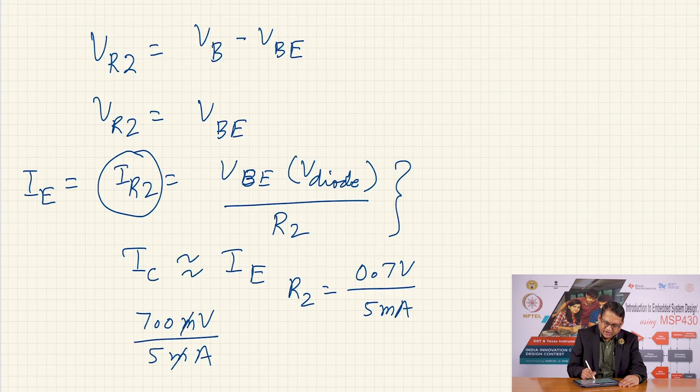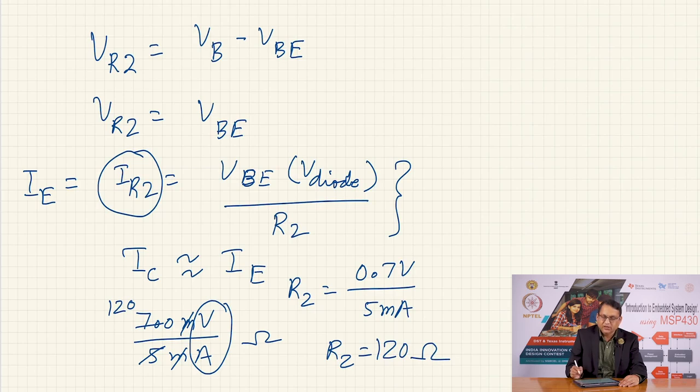The volts divided by amperes leads to ohms, and this is roughly 140.